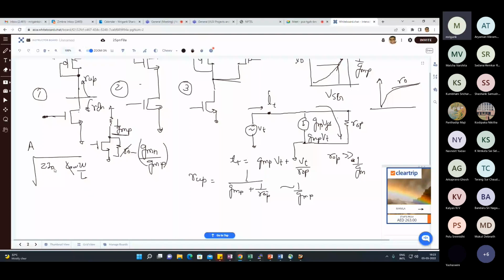Mu and COX may be slightly different; mu P may be different.